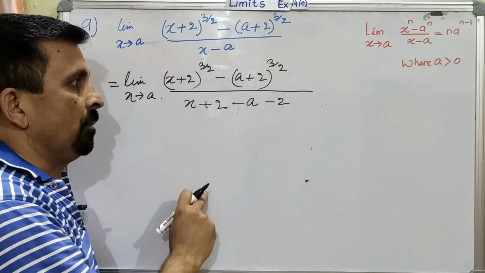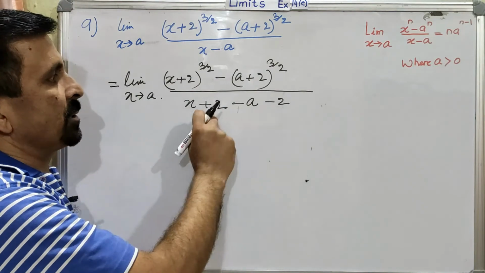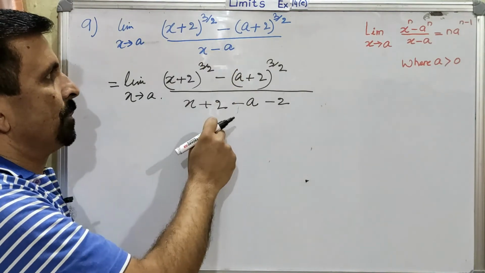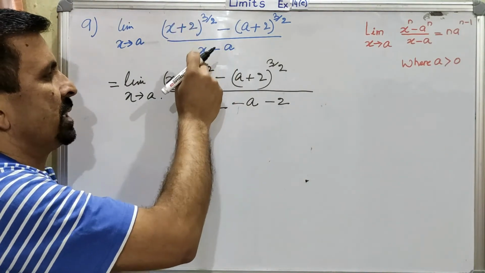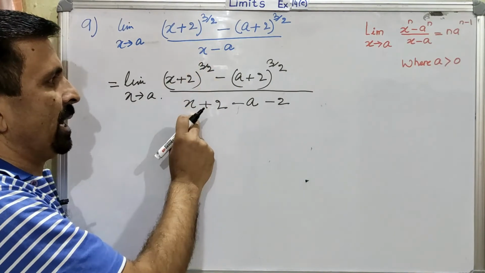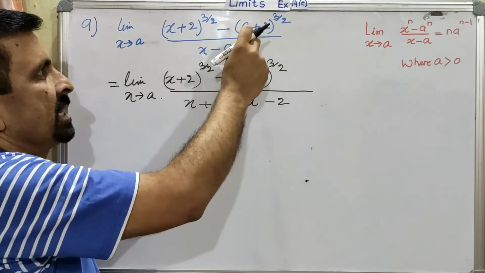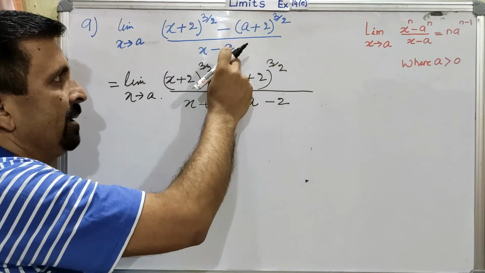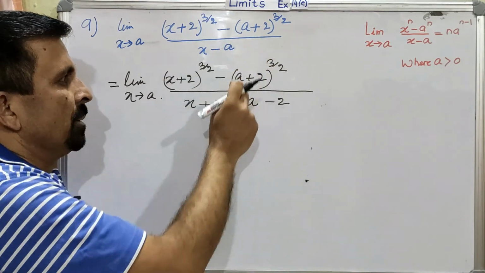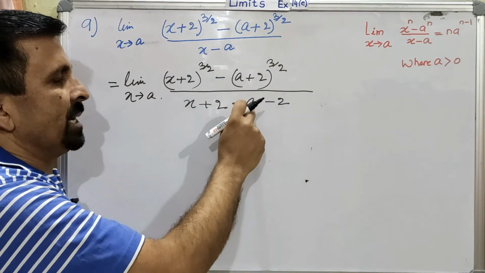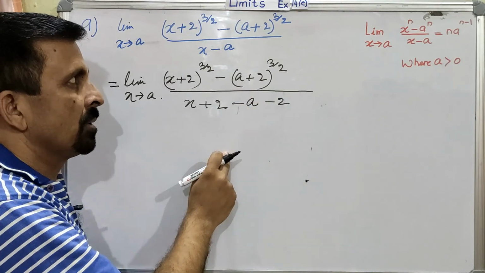Okay. Now after doing this, I compare. This is x plus 2, so this has to be x plus 2 and I could make it x plus 2. But this is a plus 2 and this is a. This a has to be a plus 2. But in place of a plus 2, mine is coming as minus a minus 2.